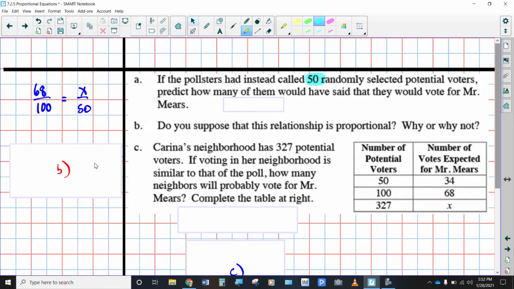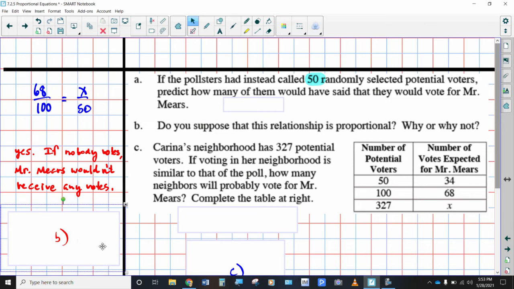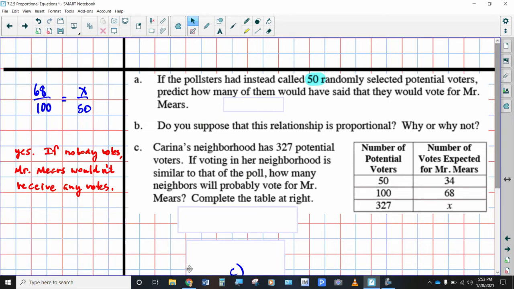Yeah, it is proportional. Basically, if nobody votes at all, nobody would vote for Mr. Mears. And yeah, so that's where the 0, 0 comes in. And just the fact that you have a constant multiplier happening here. So 50 people are called, and you end up with, does everyone know what the answer is now? It's 34 voters, right?